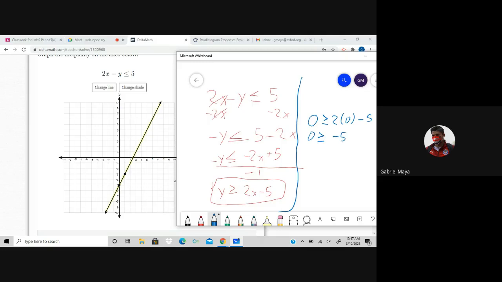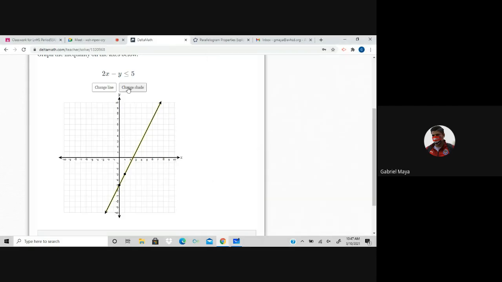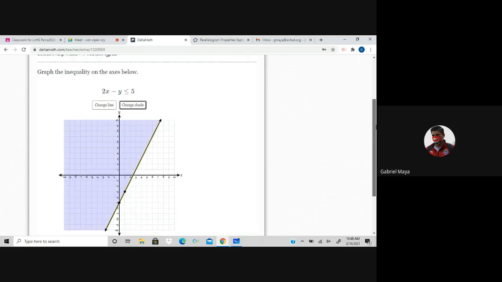So 0 is greater than or equal to negative 5. Is that true? No, it is. Excuse me, I was going to say no. It is true. So that would be wrong because that does not include the origin. That includes the origin.